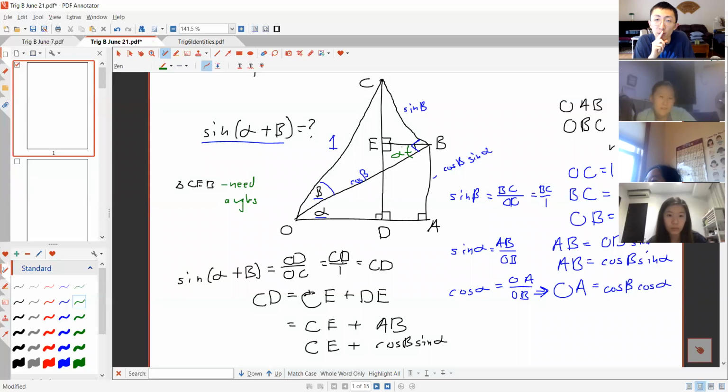Alternate interior angles. Yeah, so we can see BE and OA are parallel. So that means this green angle equals this angle, alpha. They're alternate interior angles. Okay, so then let's see, OBC is a 90-degree angle, so I can write here 90 minus alpha. And then this is also 90, so I can say this one is alpha.